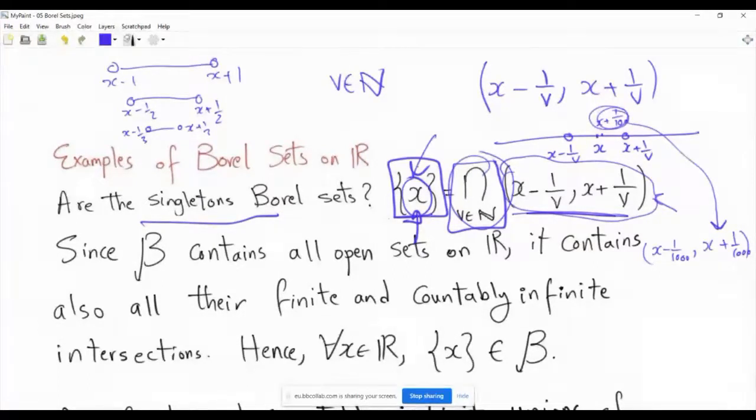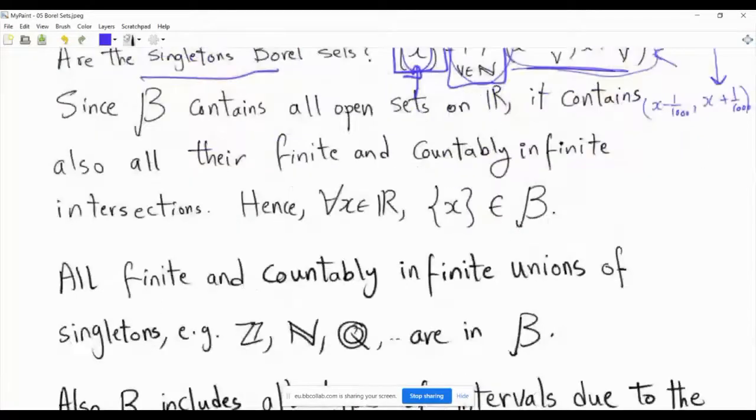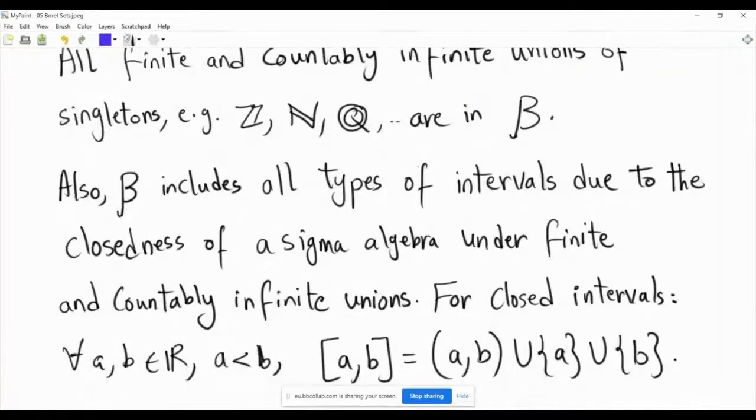So the Borel sets include every finite or countably infinite subset of R that you may think of. The singletons are there, and every finite or countably infinite collection of the singletons will be there. So all those sets are with us in the Borel sigma algebra.